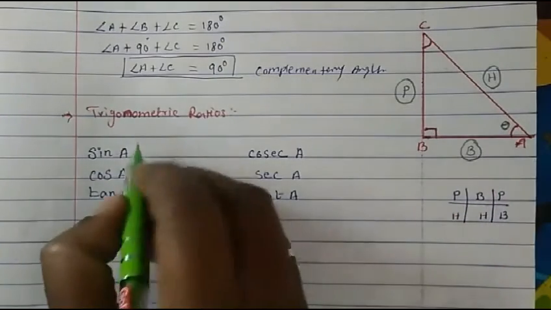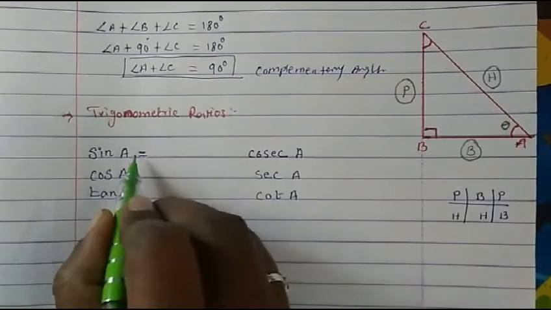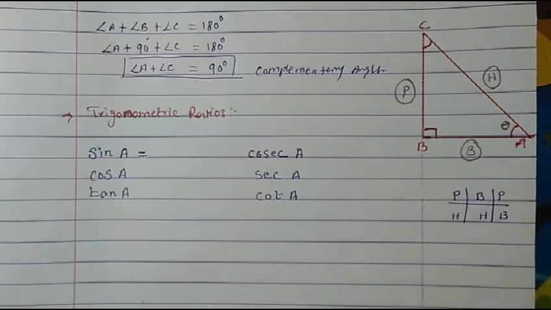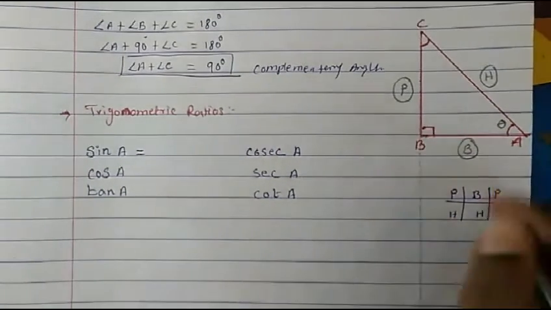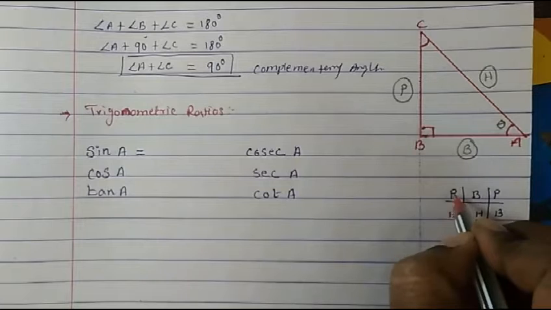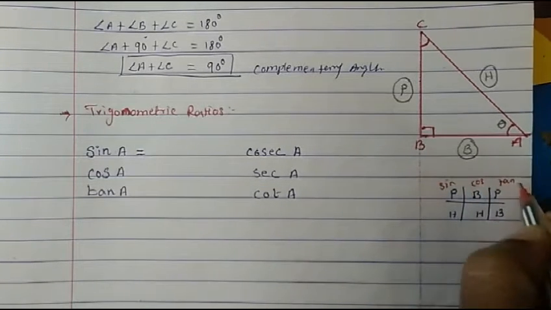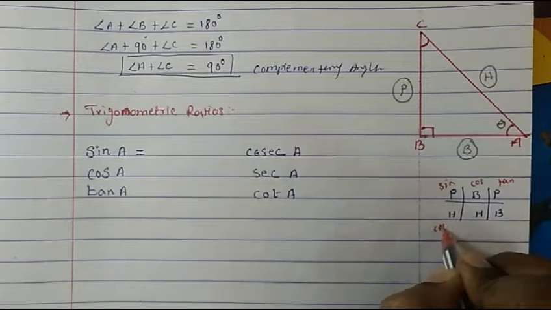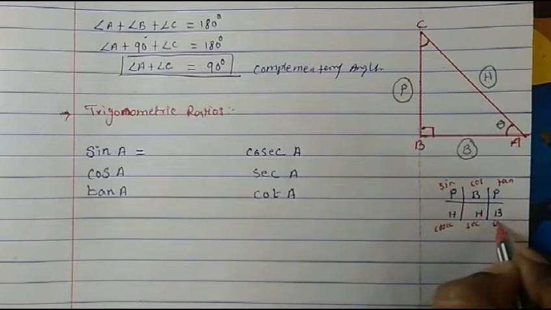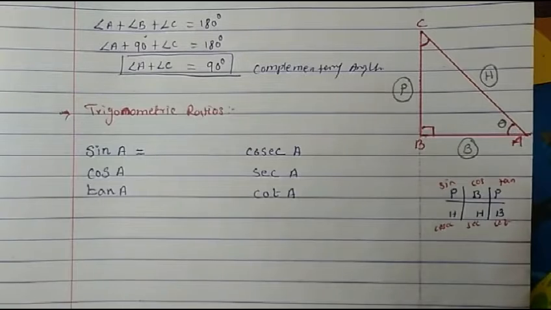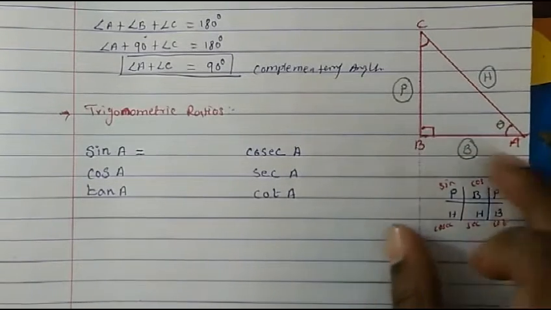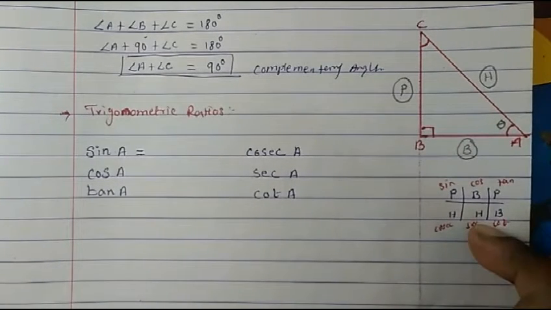If I want to know the sine A value, how do I write the ratio? This is the way of remembering: sine, cos, tan, cosec, sec, cot, which I explained in the introduction.